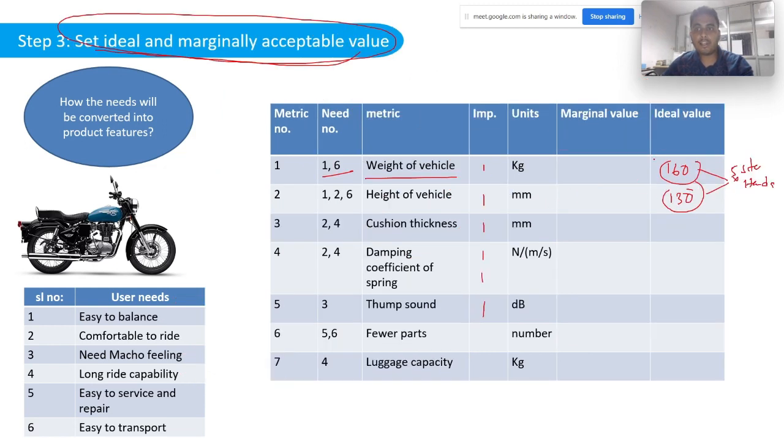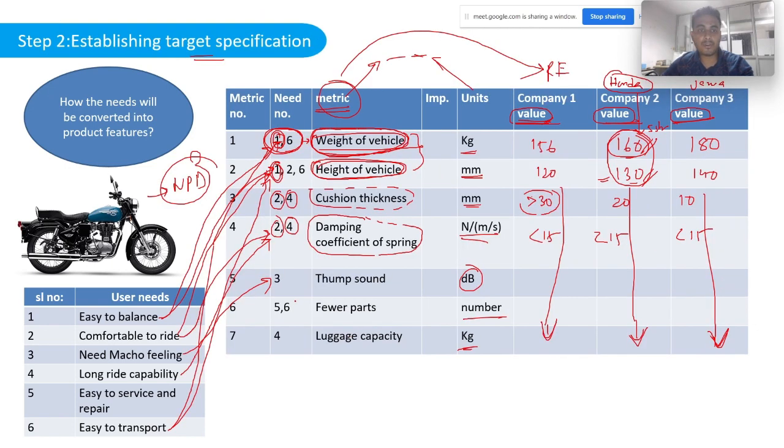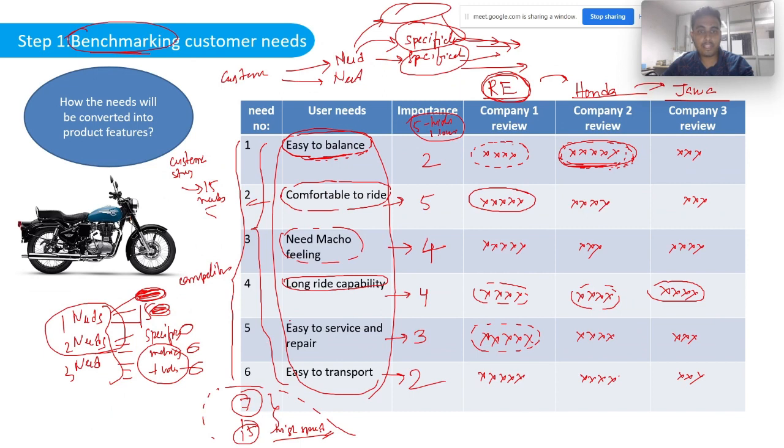So for the ideal value, again we say the cushion thickness should be greater than 30 mm. Similarly we set other ideal values, like damping coefficient probably less than 13, thump sound greater than 60 dB. Then number of parts, needs 5 and 6. What is 5? Easy to service and easy to transport.